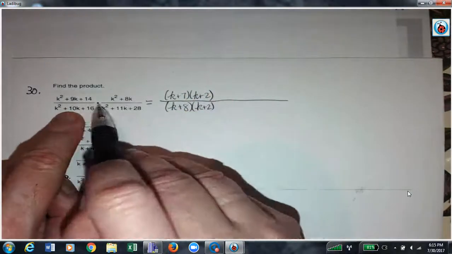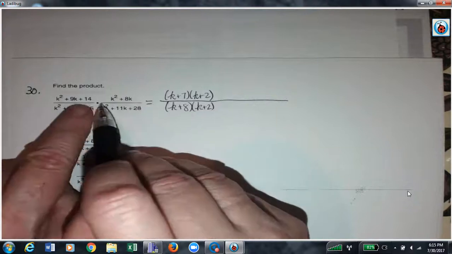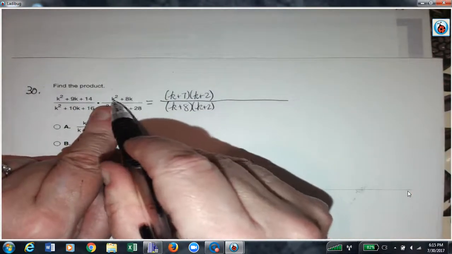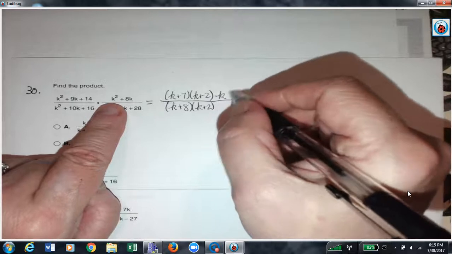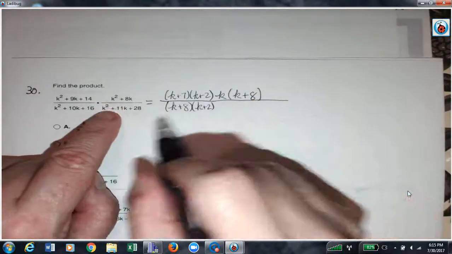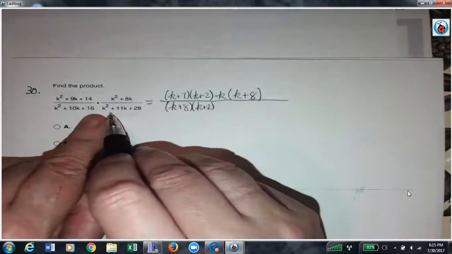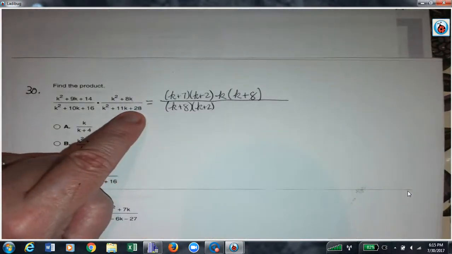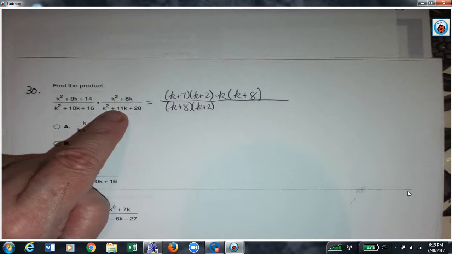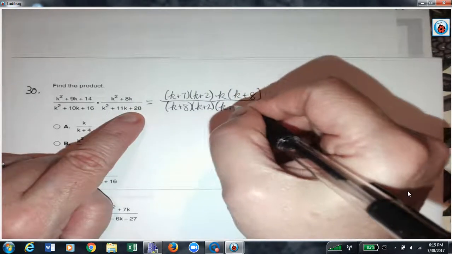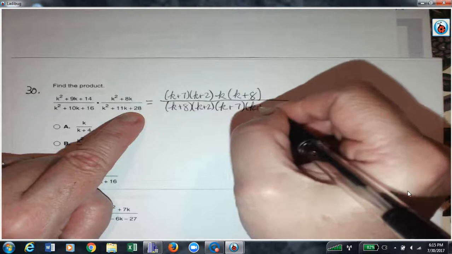Now, if I'm multiplying fractions, they can be one fraction and just multiply everything on the top. Now here, what do these two have in common? They have a k in common. So I factored it out. And what two numbers multiply together to give me 28 but add up together to give me 11? Well, 7 and 4. So k plus 7 times k plus 4.